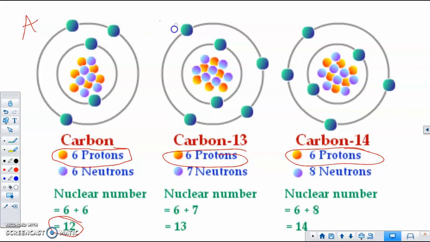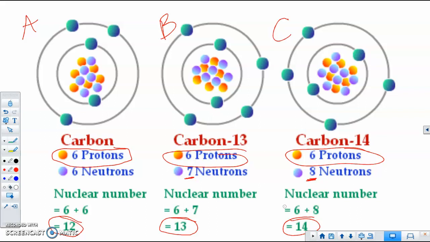In picture B, we have 6 protons. That means it's carbon. Then we have 7 neutrons in the nucleus. That changes its mass to 13 because it has one more particle in the nucleus. And then if we look at picture C, we add even one more neutron to make it 8. That gives us a total protons plus neutrons of 14.